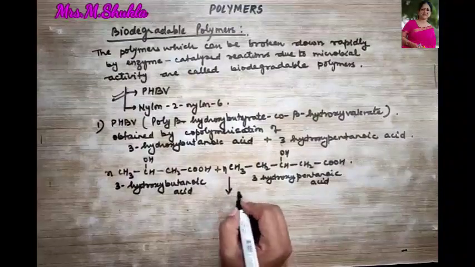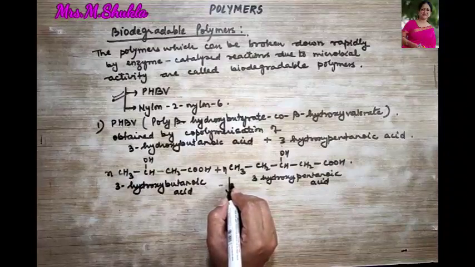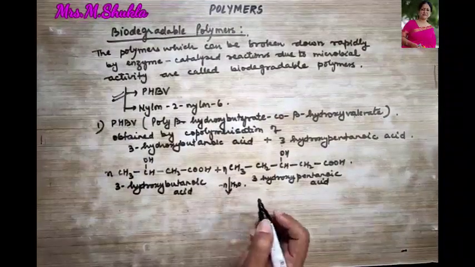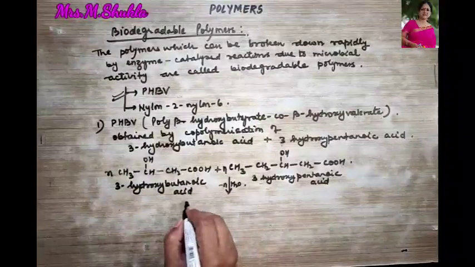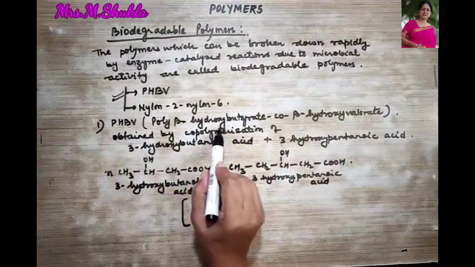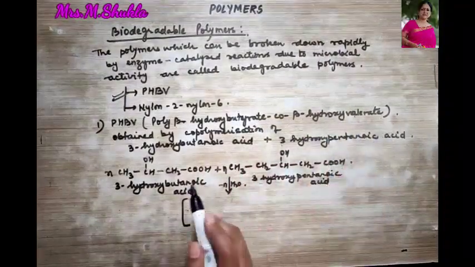Over here n number of water molecules are removed, and we obtain your poly-beta-hydroxybutyrate-co-beta-hydroxyvalerate.